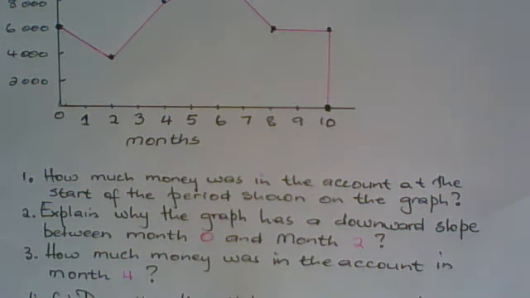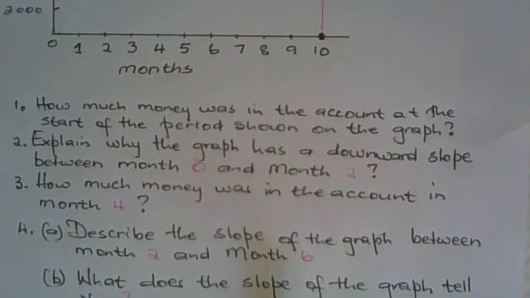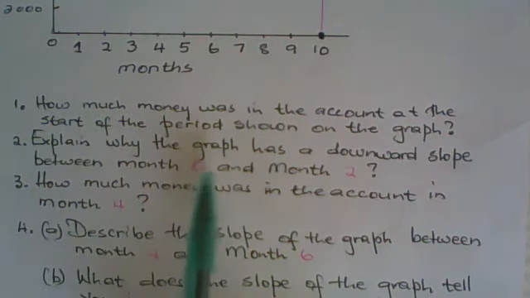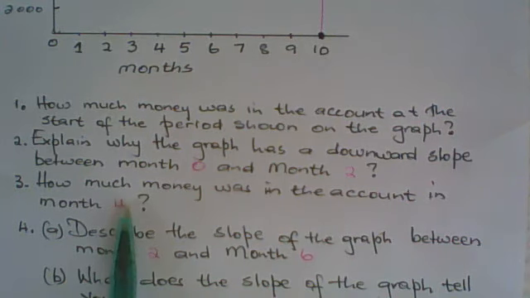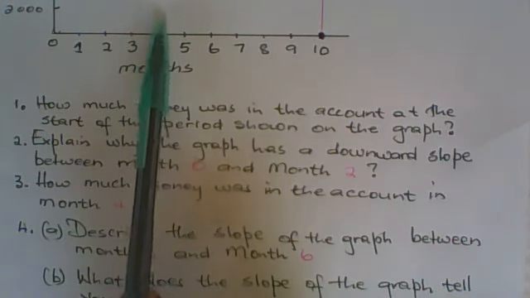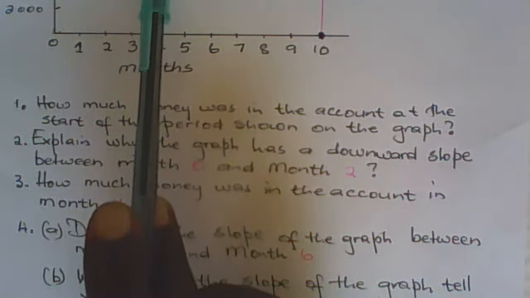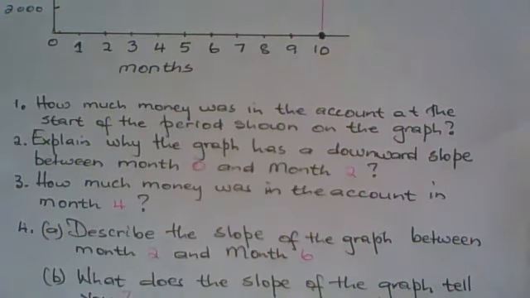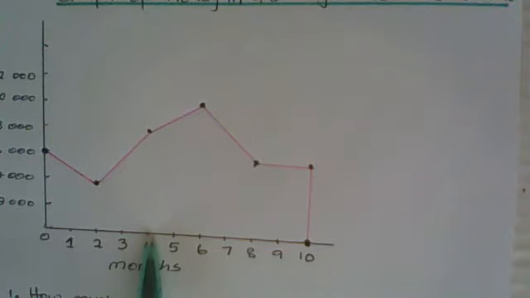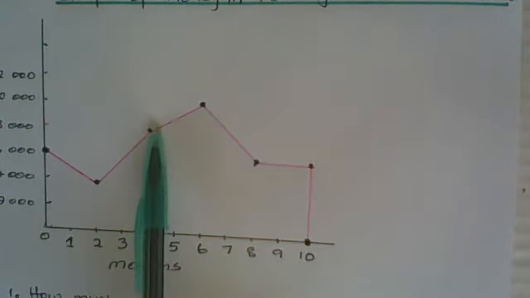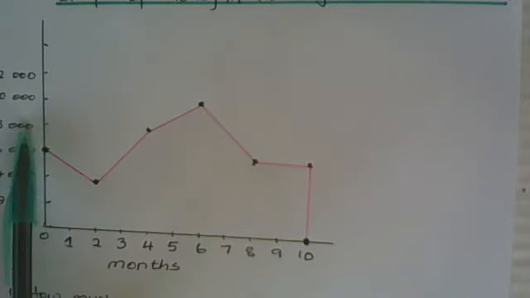Now, how much money was in the account in month 4? Look at that. It's here. It's 4. Yes, 4 is here. Now let's move. Yes, this is 8.